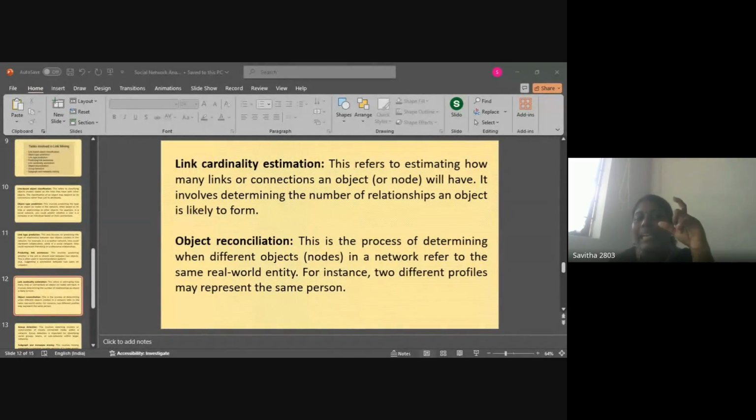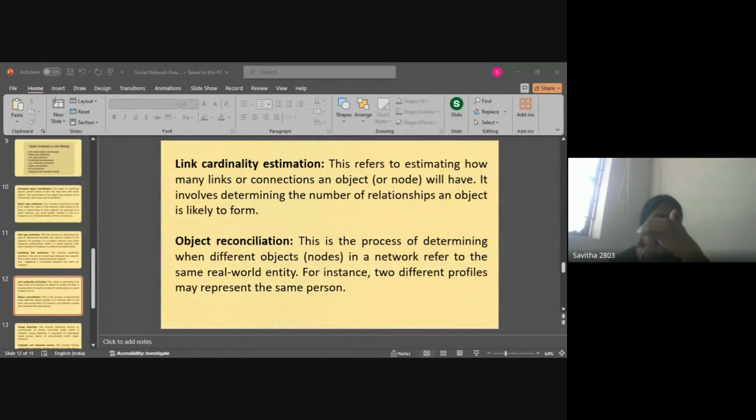That is called link cardinality estimation. Cardinality means the number which we need to count based on the links of the user, or how many times one user is related to another user repeatedly. This is called link cardinality estimation.